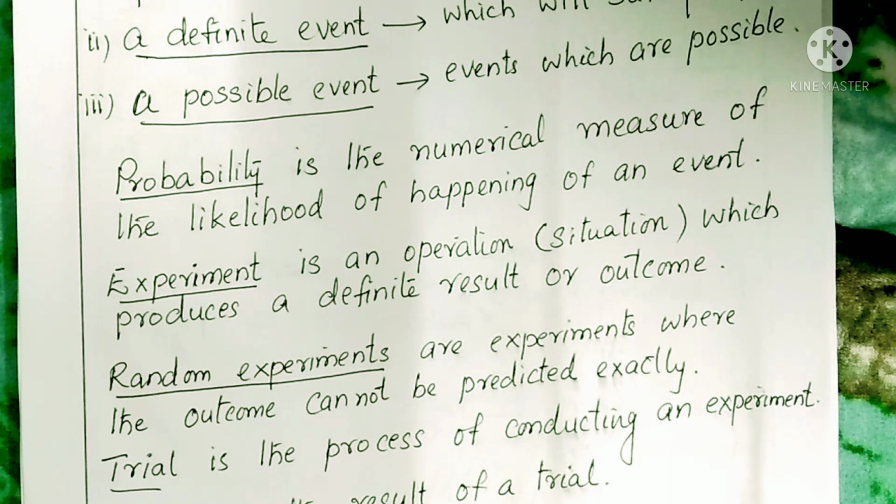When you toss a coin up, that is called an experiment. What is an experiment? It is an operation which produces a definite result or outcome. You are sure when you throw the coin up, it will come down and either it will show the head or it will show the tail.